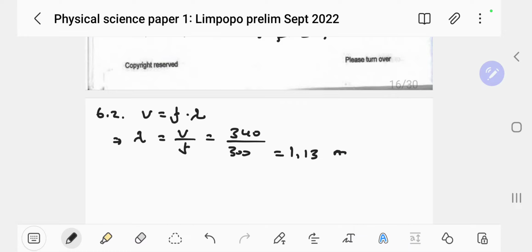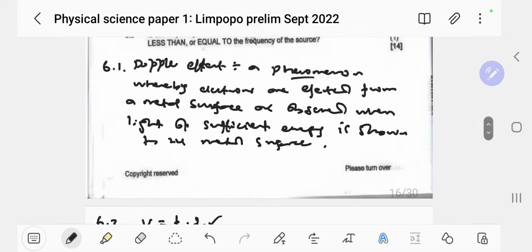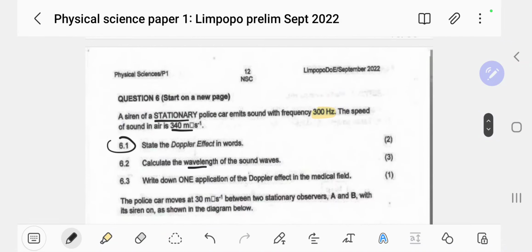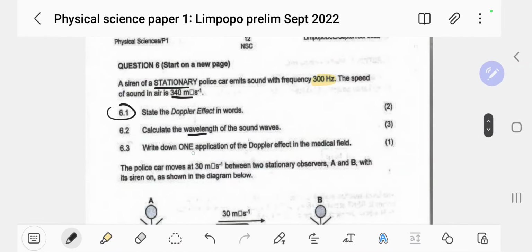Remember, when they say calculate to 2 decimal places is minimum, but even if you left 4 decimal places, remember when they say at least, it means that's a minimum. It's either that or more. So if you put more, it's still okay. No one is going to punish you. So this one, formula, substitution, answer. No questions about it.